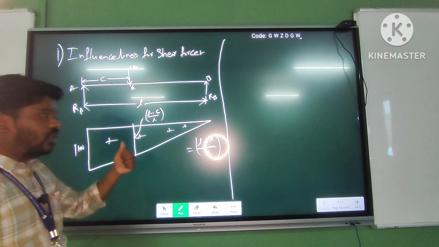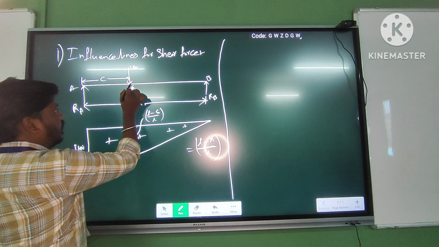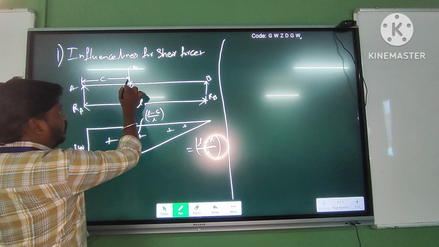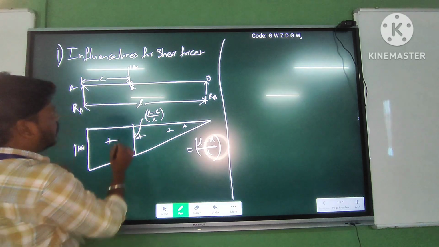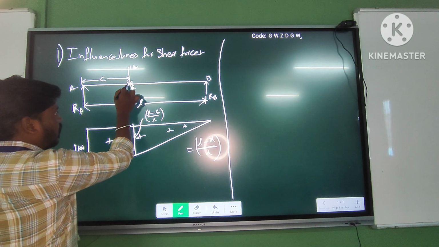Now to draw the influence line for shear force, there are two conditions arising here. One is when the load is just right to the section, and another is when the load is just left to the section.